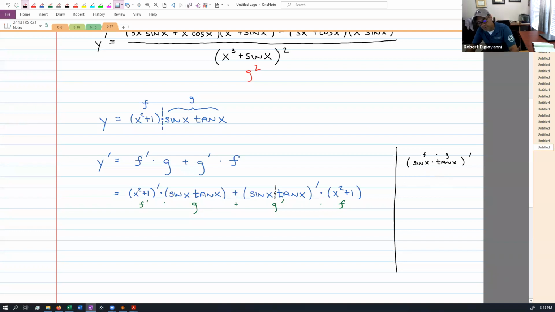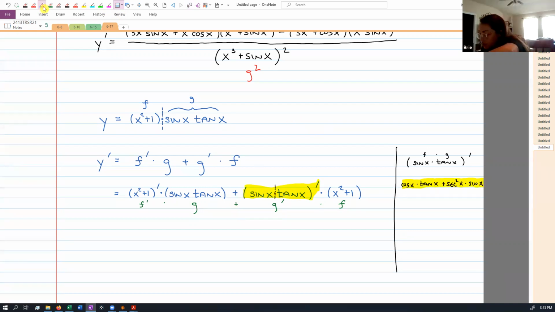So when I do the derivative of f, I get cosine x times g plus derivative of tangent x, secant squared x, times sine x. The derivative of tangent, I gave that to you in our notes a minute ago, right? So I told you what the derivative of tangent was. That piece here is what this becomes. Where is it? Secant squared x.